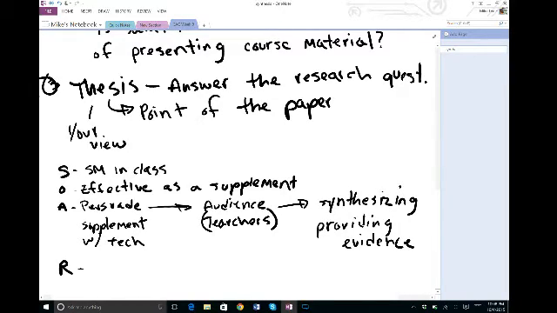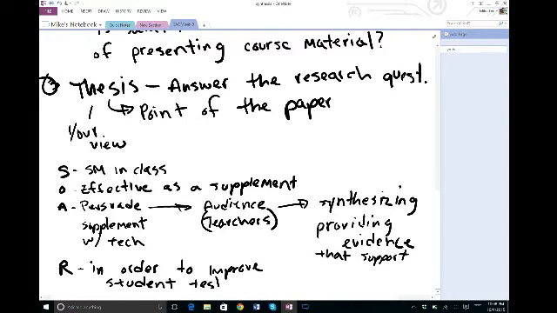And then why am I providing evidence that supports technology supplements in the classroom? In order to improve student test scores.